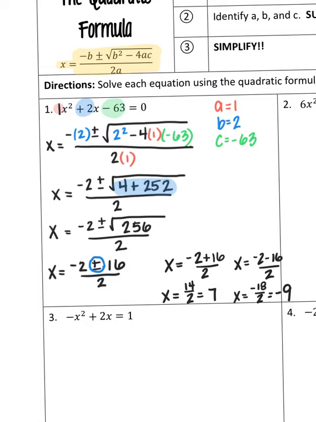So x equals 7 and x equals -9 are your answers. So again, we have to break these down into two separate equations because we have that plus or minus.